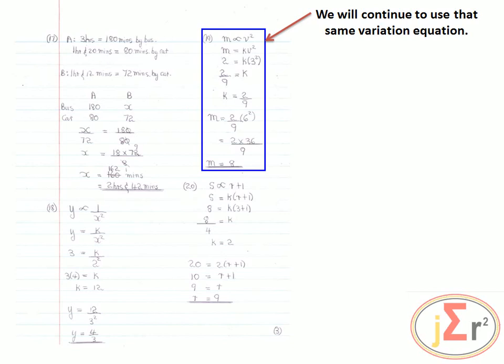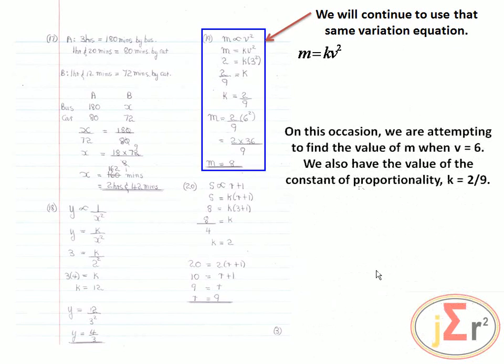We will continue to use that same variation equation, because as long as we have started and we have obtained our equation, we use it in every single step of the way, and we will have at every single step of the way at least 2 of these 3 values, and all we need to do is find the other one.